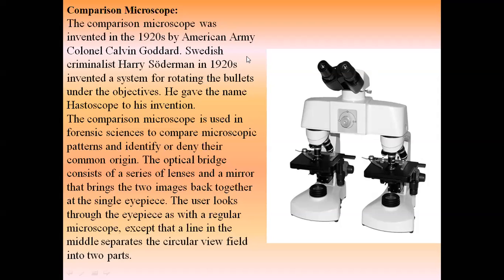What he did is he took two different compound microscopes and bridged them with this bridge, so that we can see two different identities in the same plane, and compare two different samples at the same time. So that was the idea. As a result, in a comparison microscope, you can compare two individual articles at the same time within one view of focus.